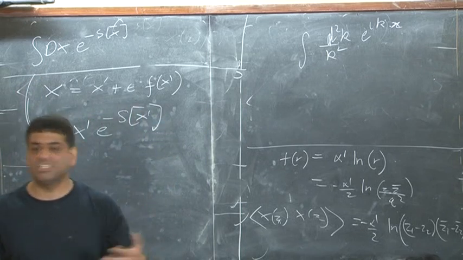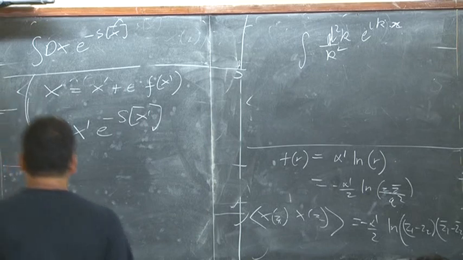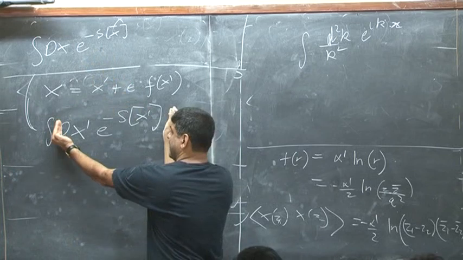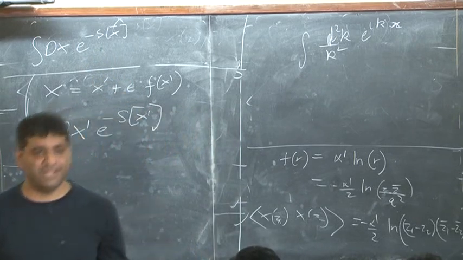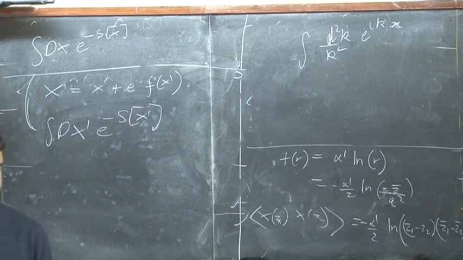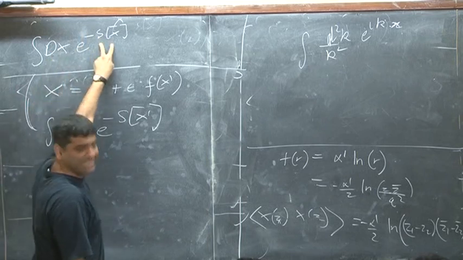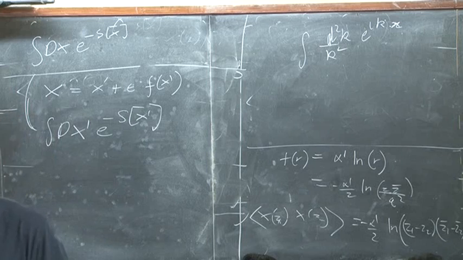If you can find such a change of variables, such that under this change of variables you plug into the integral and you get the same thing back, that is called a symmetry in quantum field theory. Okay, so this is our definition of a symmetry. It's a clear definition in terms of path integrals. Usually the symmetry will independently leave the measure and the action invariant, but not always. All we need is that the product of the two be left invariant.